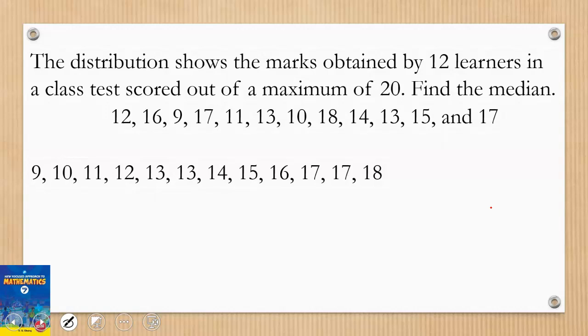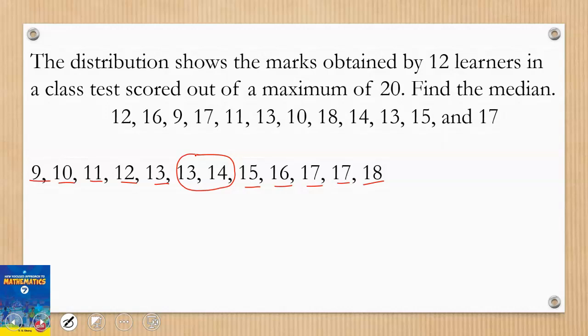Remember, if you go by descending, you get the same answer. Good. So how do we get the middle? Let me do the inspection. 1, 2, 3, 4, 5. Let me count from here. 1, 2, 3, 4, 5. Then I can see that these two numbers are in the middle. Counting from left and then right, I see two numbers.